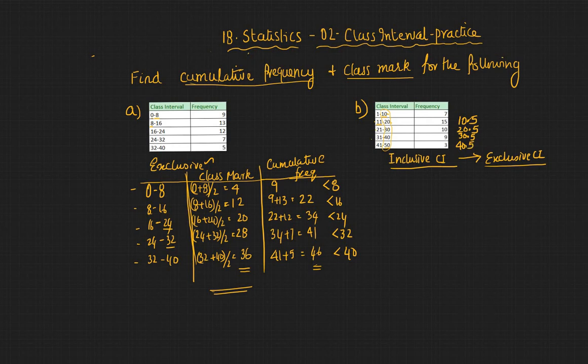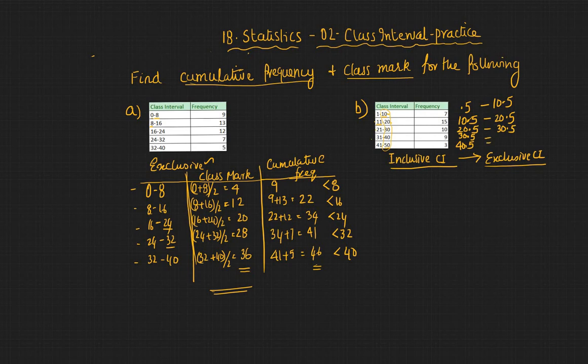Since it's 1 to 10, we can write 0.5. So every lower limit gets subtracted by 0.5. And for the upper limit we write the same value as here, 10.5, or add 0.5 to this. So 10.5, you have 20.5, 30.5, and so on.